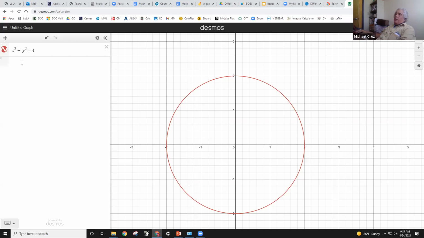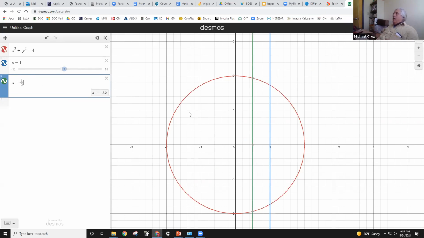Let's just say I put in a vertical line. See, there's my vertical line. It cuts in two spots. Doesn't matter where the vertical line is at. Now, you can put it over here and not touch it, but the point is, if you can do it, is the issue.